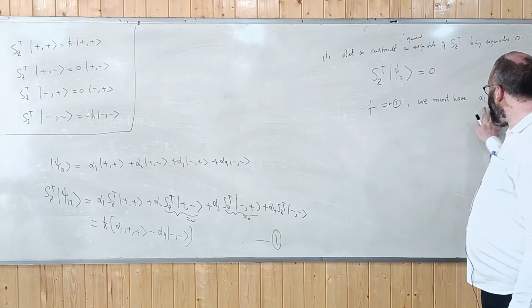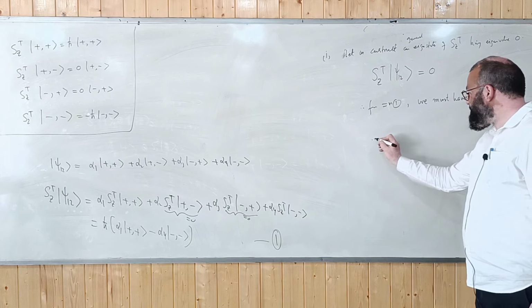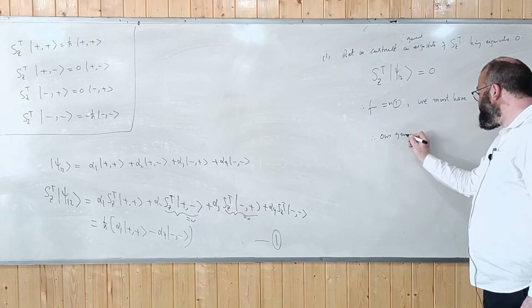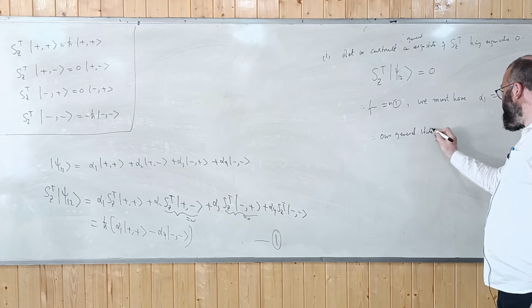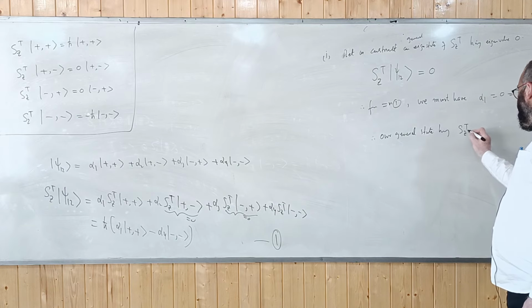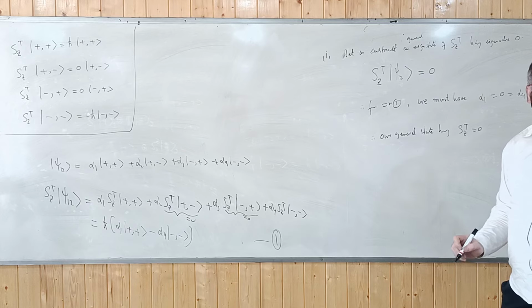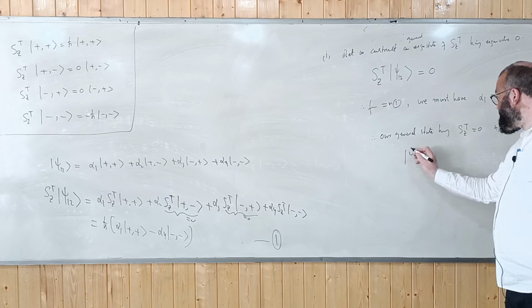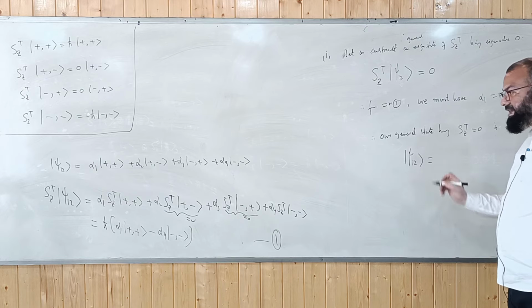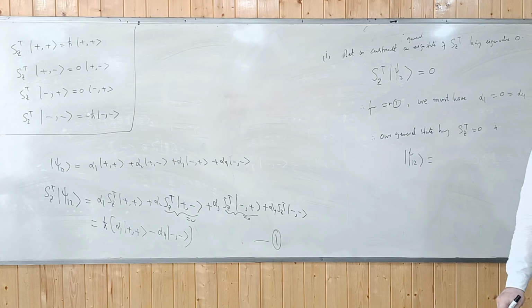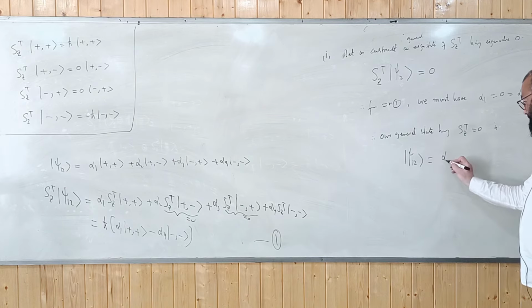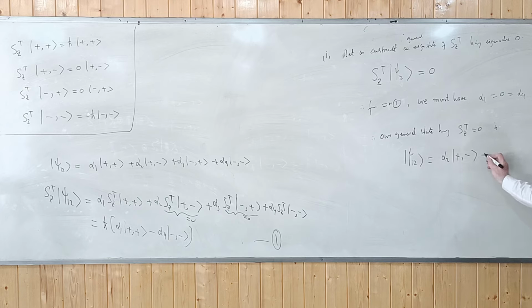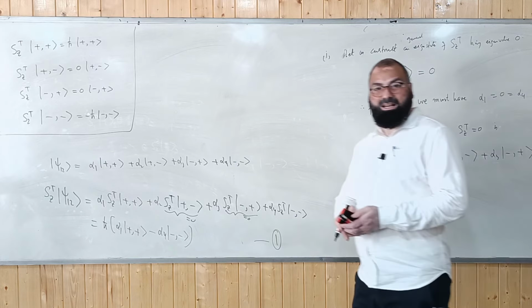Now when I put alpha 1 and alpha 4 equal to 0, our general state having SZ total equal to 0, that means 0 Z component of the spin angular momentum, is psi 1, 2, which is simply alpha 2 plus minus plus alpha 3 minus plus. So it is a linear combination of these.